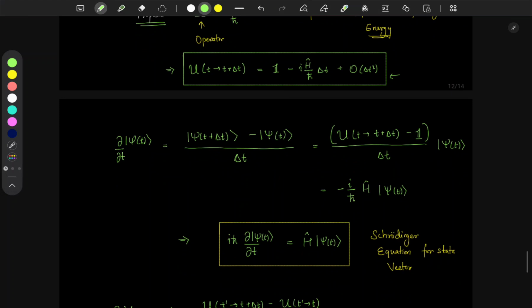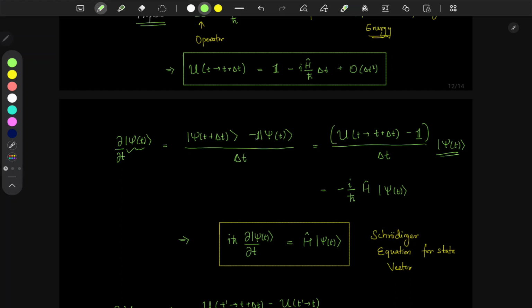Now, given this operator up to first order, you can write the time derivative of the state function. We have the state function psi of t, and you take the time derivative. It is psi of t plus delta t minus psi of t, divided by delta t. Since psi of t plus delta t is just psi of t multiplied with the time evolution operator, you can write the operator which takes t to t plus delta t minus the identity operator.